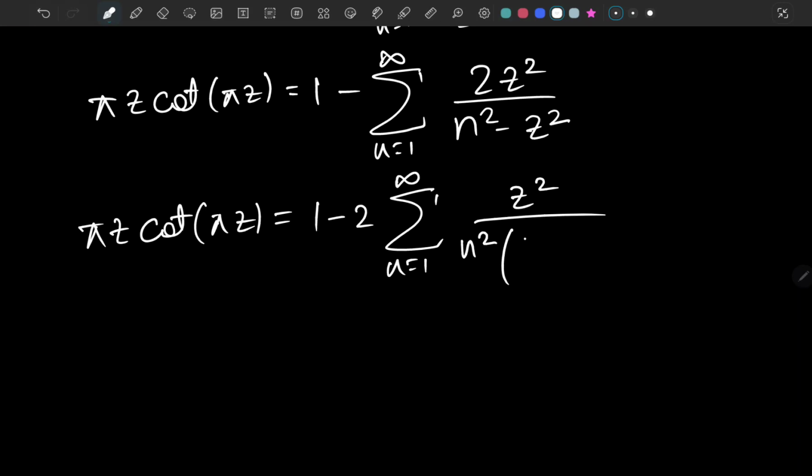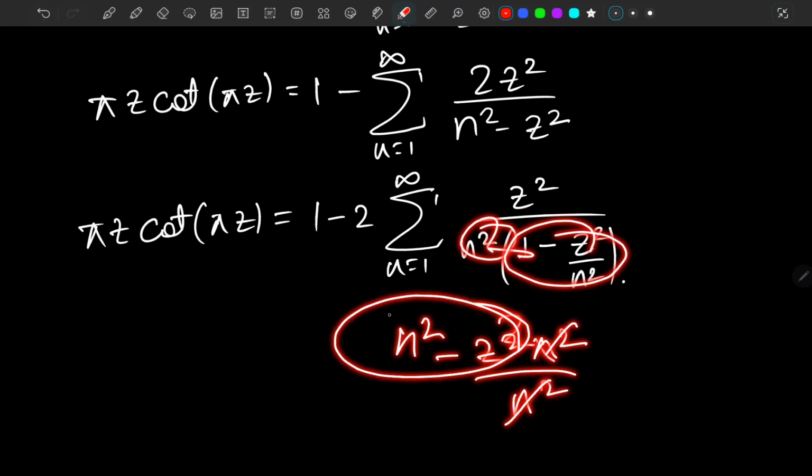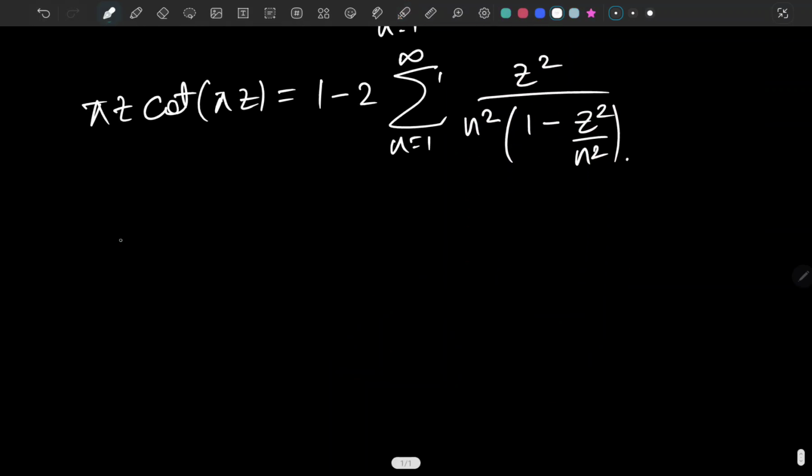So I'm going to have 1 here, and here we're going to have z squared over n squared, right? Just take a look when you multiply this inside the parenthesis, that's going to give us n squared minus z squared times n squared over n squared. So n squared cancels out, and we would be having n squared minus z squared. That's it, right? And why we did that, don't worry, let me show you a beauty here, in order to convert this into some Riemann zeta things.